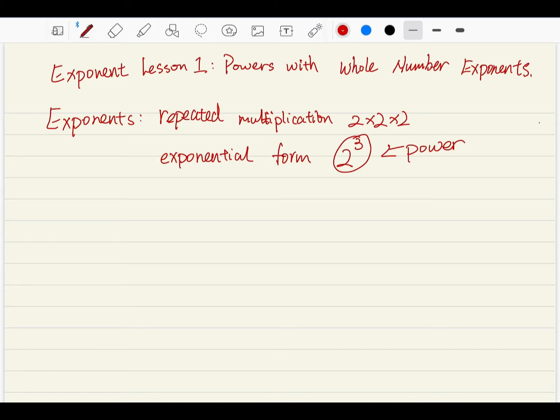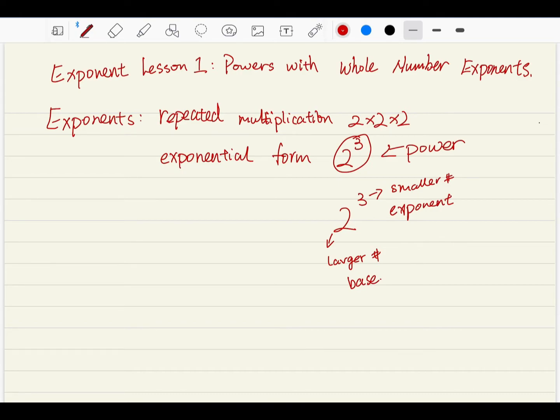Normally when we have a power like 2 to the 3, the smaller number is the exponent, and the larger number is the base. Okay, let's look at some examples.